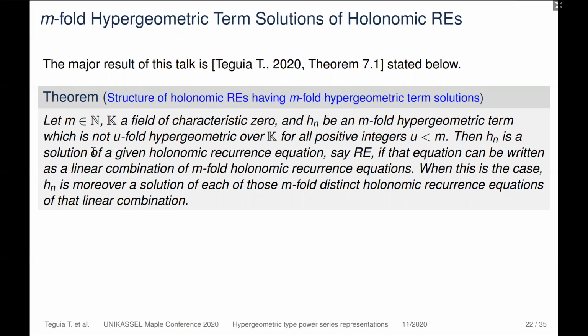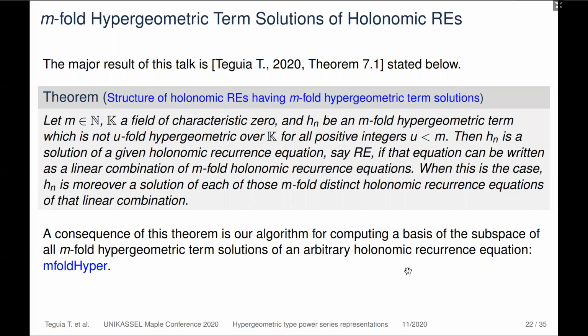If you fix m and you consider an m-fold hypergeometric term H_n, the theorem says that H_n is a solution of a given holonomic recurrence equation if that recurrence equation can be written as a linear combination of m-fold holonomic distinct recurrence equations that have H_n as a solution. And this theorem leads us to an algorithm that we call m-fold hyper to compute all the possible m-fold hypergeometric term solutions of a given recurrence equation.